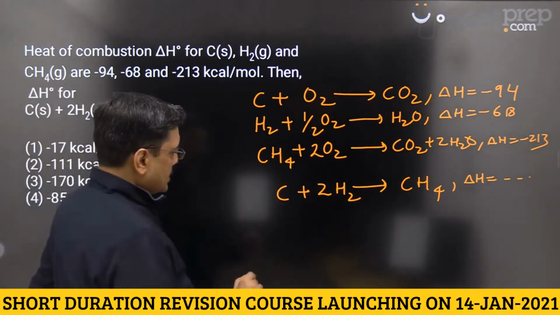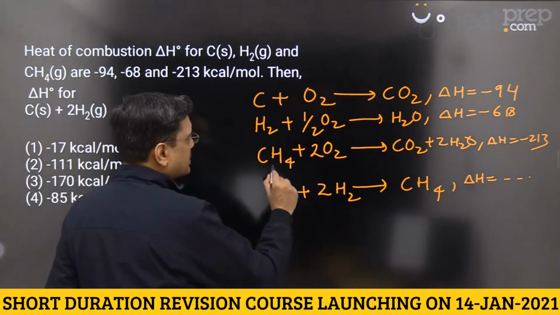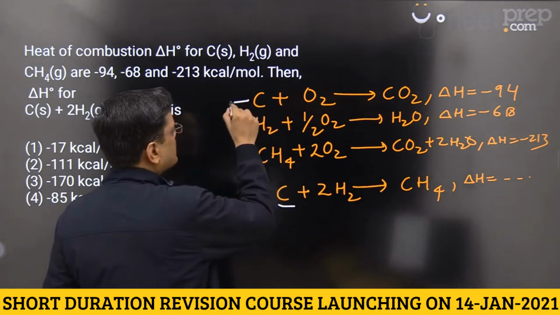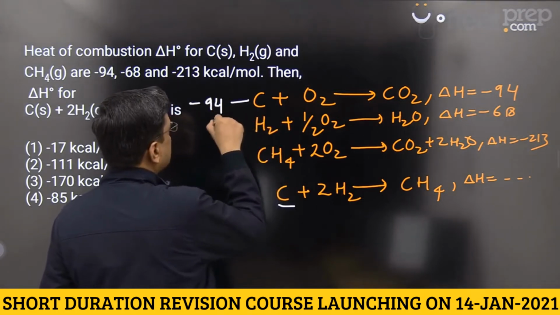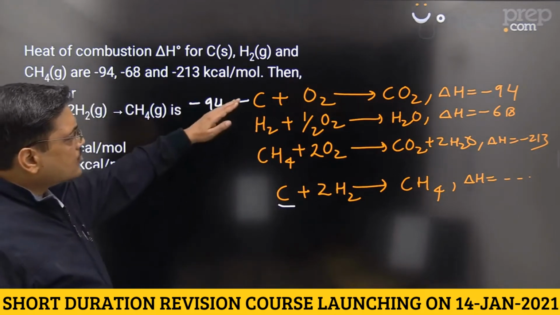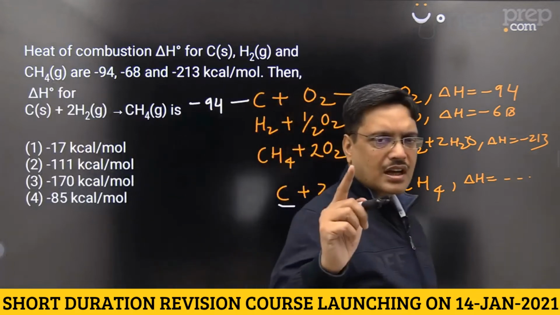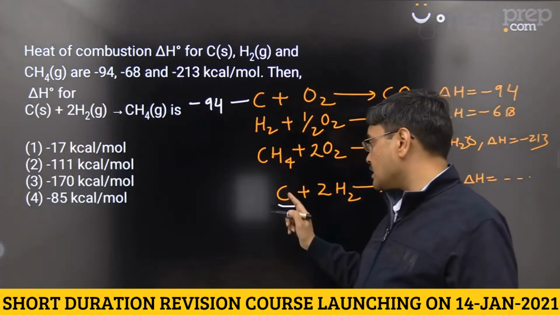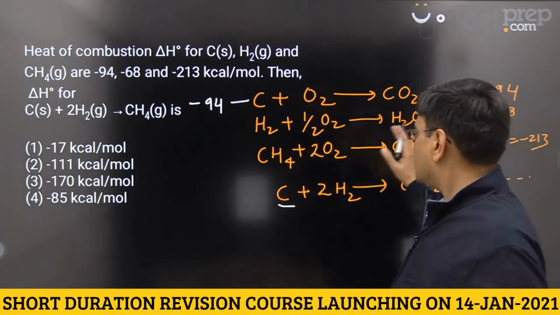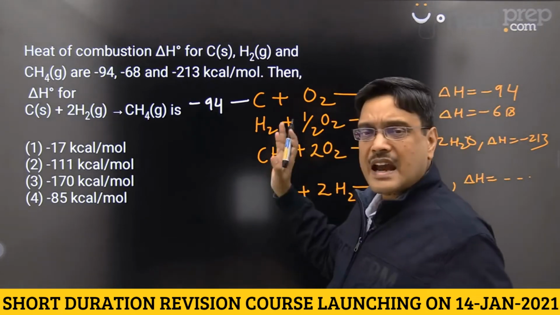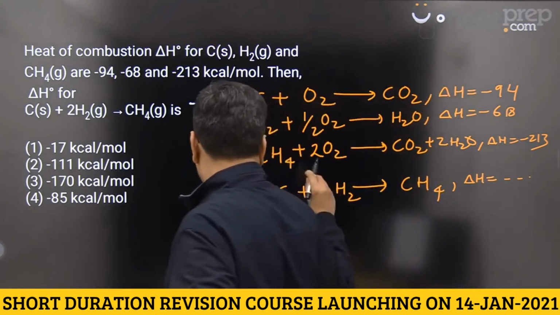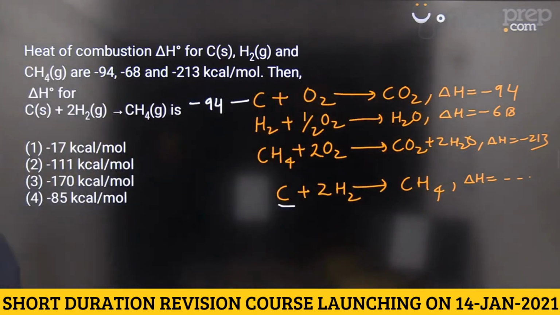Here carbon is present in the reactant, and it is also present in the reactant of the required equation. So this delta H is as it is. No multiplication is required, because one carbon is required and one carbon is present. Is it clear? No need to see other reactants and products. Only focus on the constituents of the required equation.